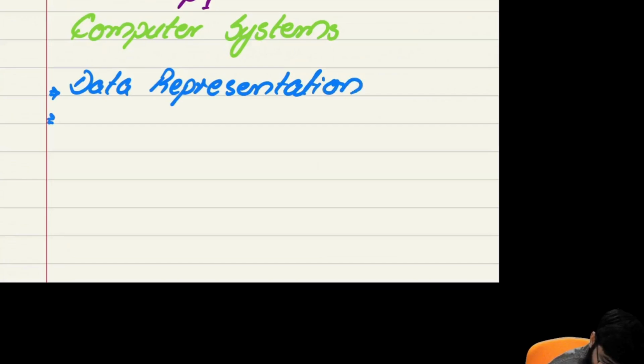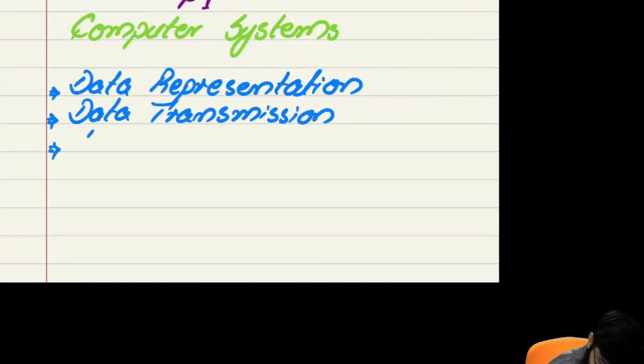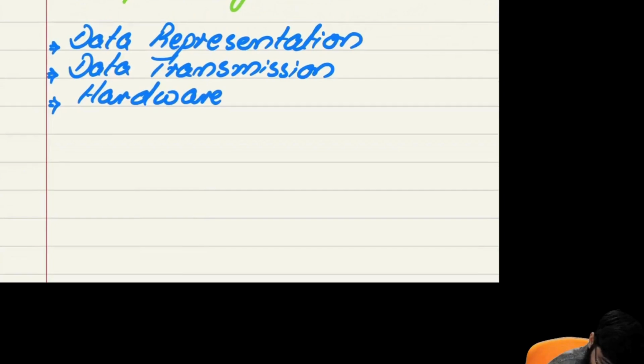Then it will be data transmission. Then we do have hardware. Next we will be having software.